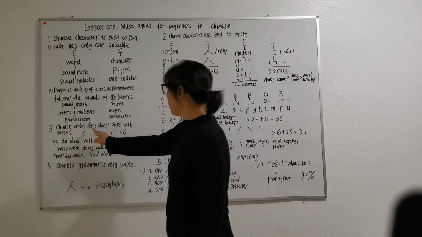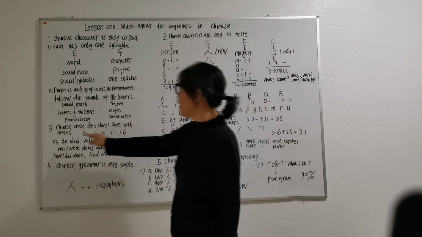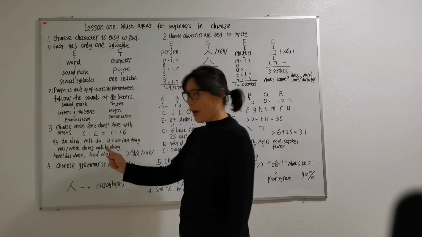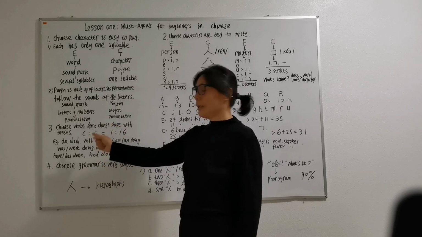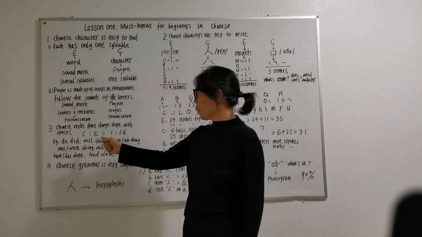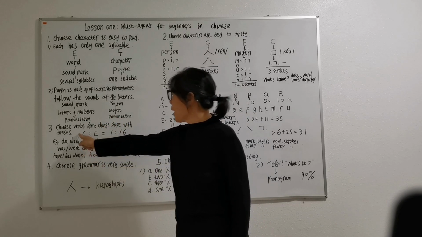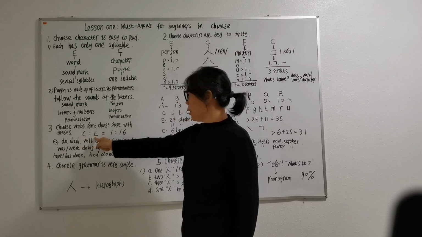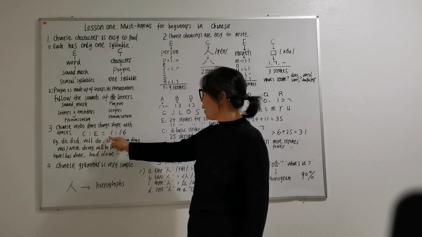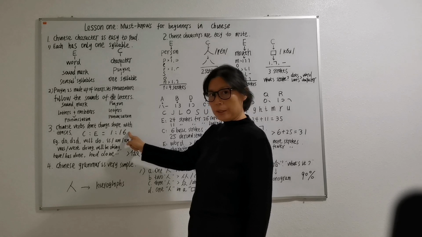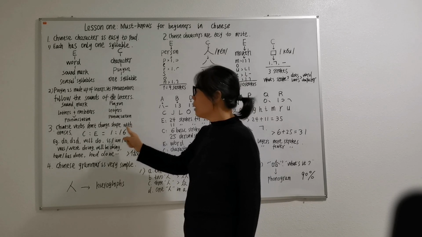Chinese verbs don't change shape with tense. And I offer one equation. What's it? Chinese to English equals 1 to 16. What's the meaning?